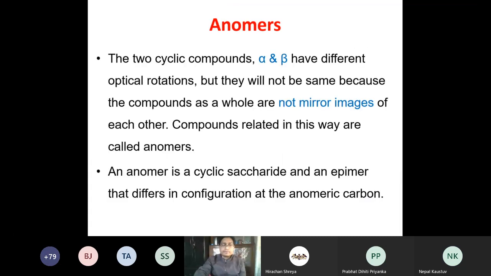Two cyclic compounds, alpha and beta, have different optical rotations, but they are not the same because the mirror images are not the same. Compounds related in this way are called anomers. Or in a simple way, an anomer is a cyclic saccharide and an epimer that differs in configuration at the anomeric carbon. We'll see the example.